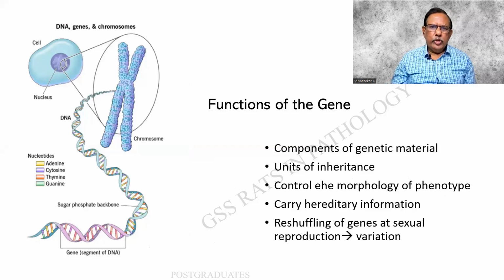Before we plunge into the topic per se, a small recapitulation. You find that there is a cell and then it has got a nucleus which has got clumps of chromosomes.